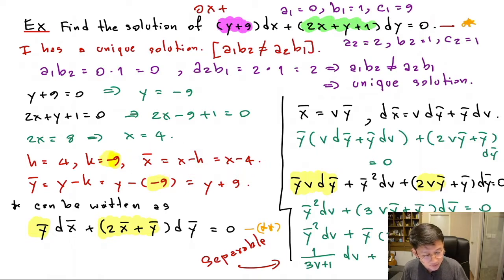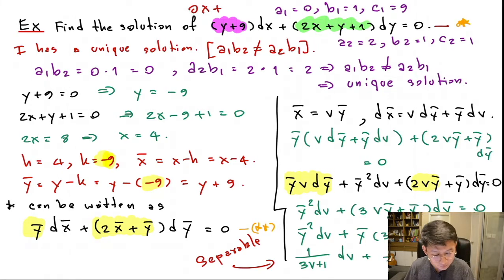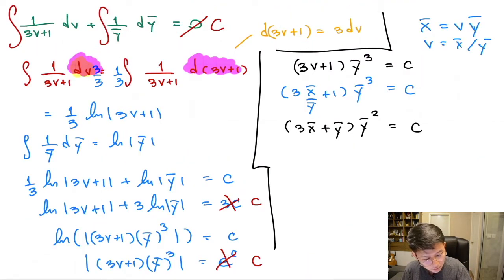So x bar is x minus 4 and y bar is y plus 9, isn't it? So I'll push that back into the solution.